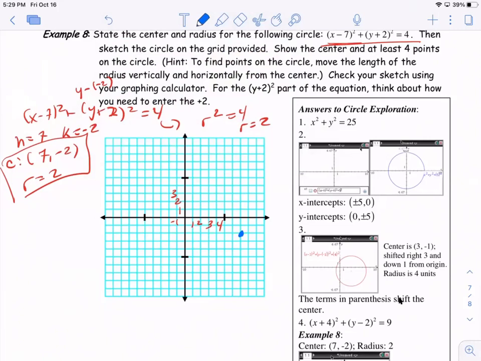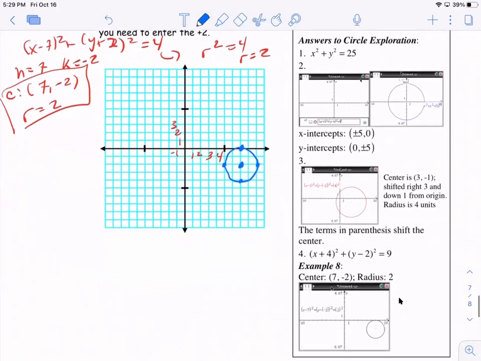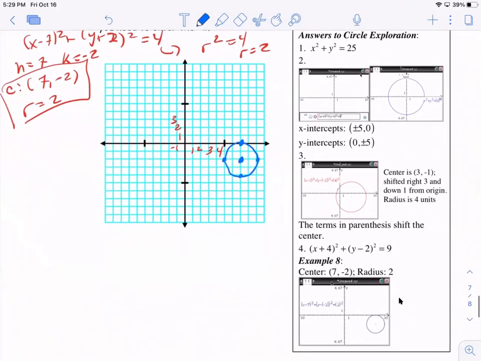The easiest 4 points would be to move up, down, left, and right, the distance of the radius from the center. So I'm going to move up 2, down 2 from the center, left 2, and right 2 from the center. And then I'm going to connect these, and that is our circle. You can see the answers from the exploration are included in the notes.